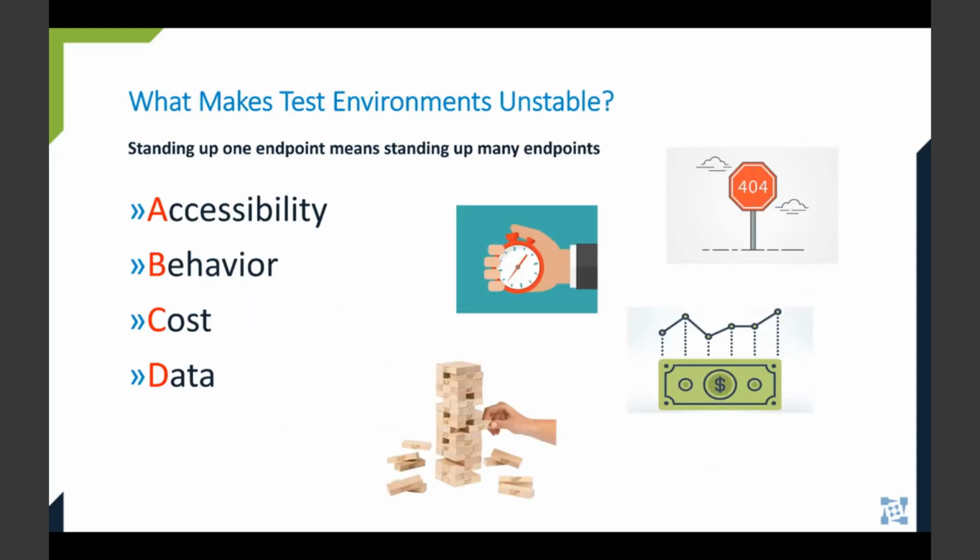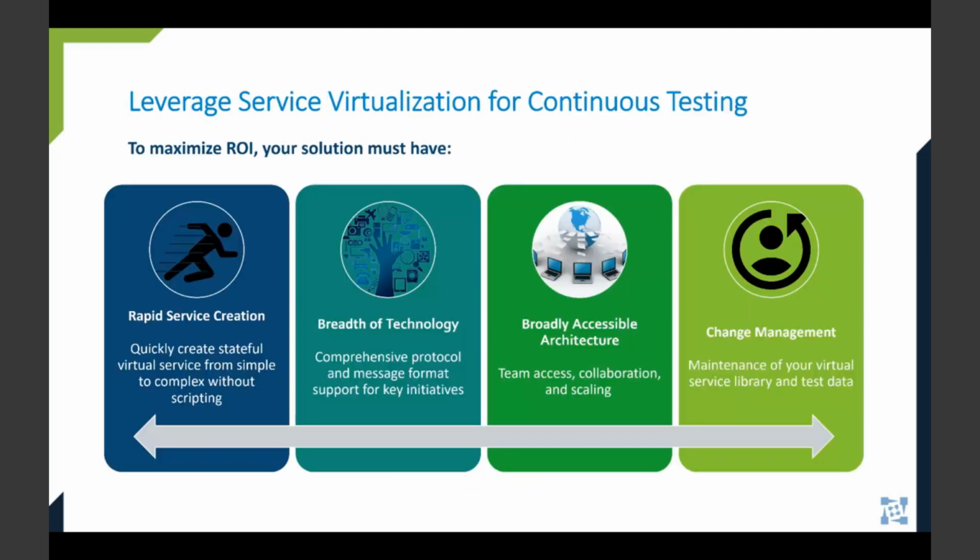And we touched on what causes these test environments to break down, those ABCDs of test environment destabilizers. We talked about how service virtualization is the answer to those ABCDs of stabilizers, by meeting those 4 key objectives of rapid service creation, breadth of technology, broadly accessible architecture, and change management.